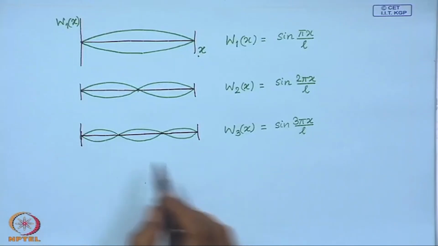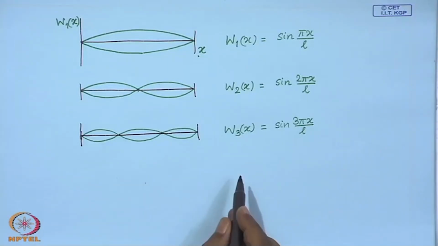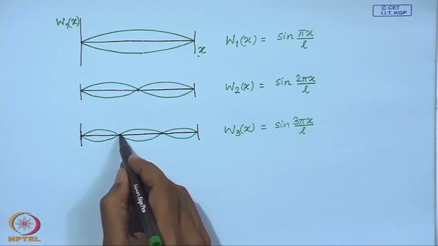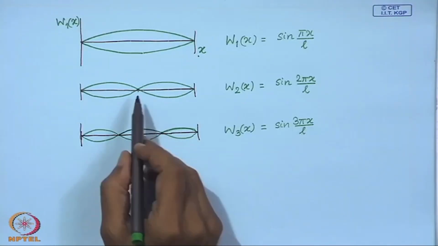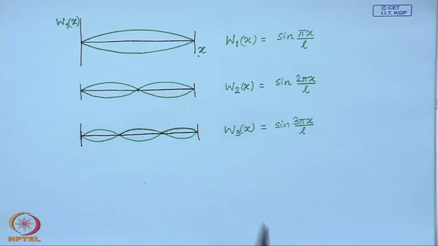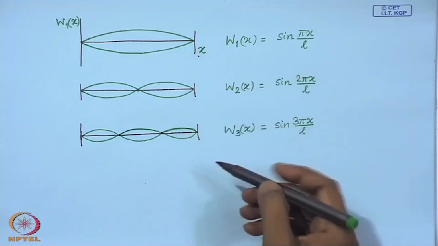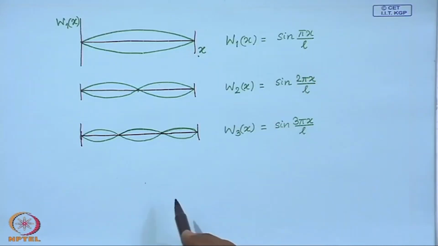The mode shape is defined by these eigenfunctions. So, you have two nodes here, one node here and no node in the first mode. This is the same as that of the string. Now, let us see what happens as we go to higher modes.